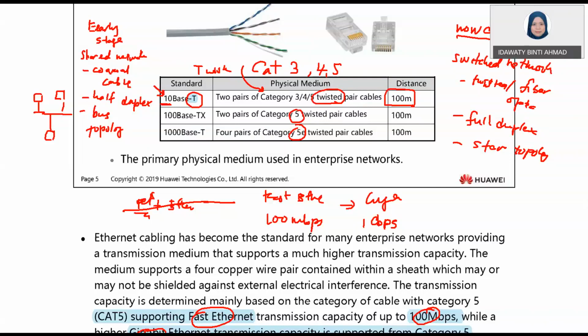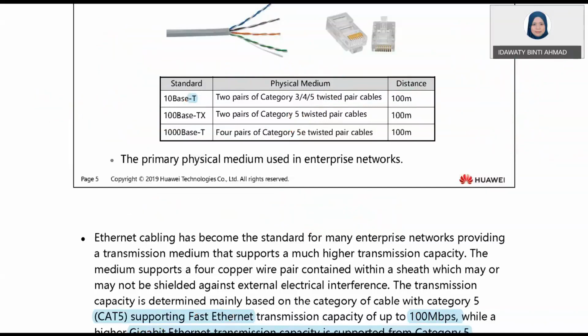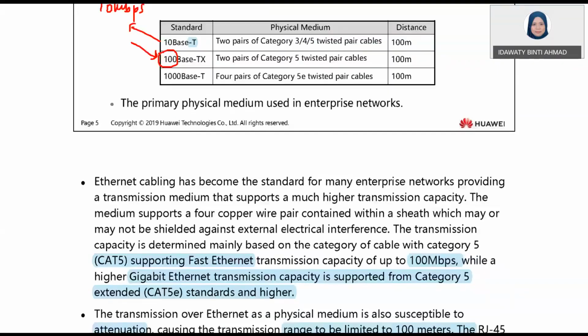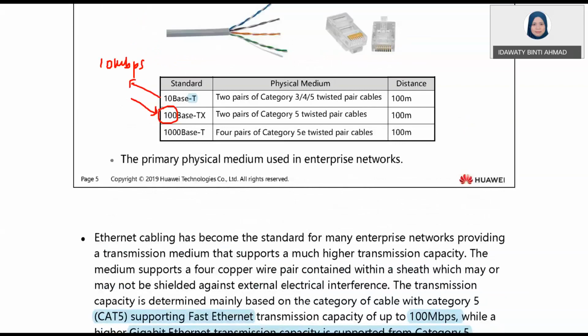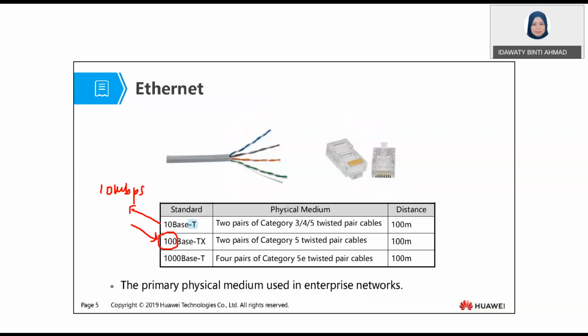Also here, 10 base T means 10 megabit per second. 100 here means 100 megabit per second, this refers to fast Ethernet.